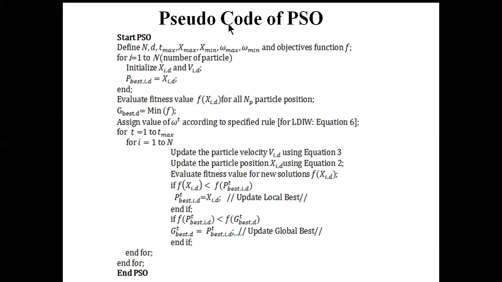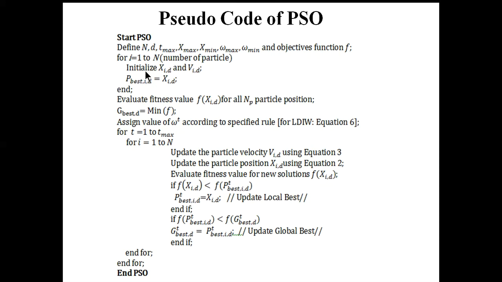Now let's start the PSO algorithm. Initially, we need to initialize randomly defined positions. So initialize xid, which will remain between x max and x min, whereas the velocity will be between 0 and 1.